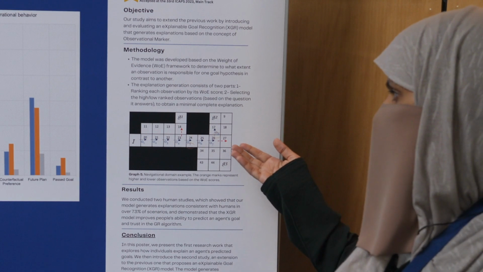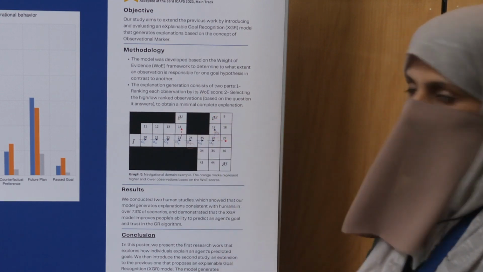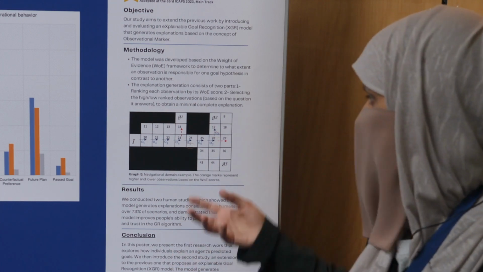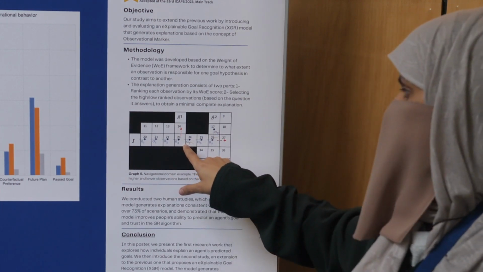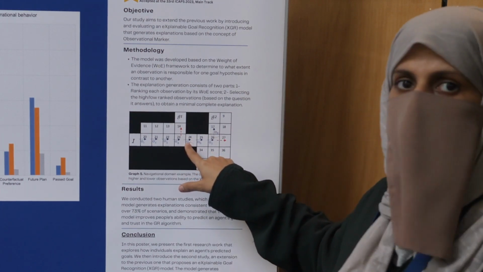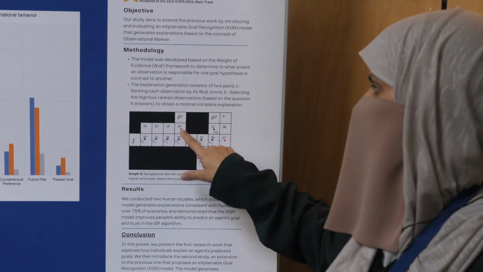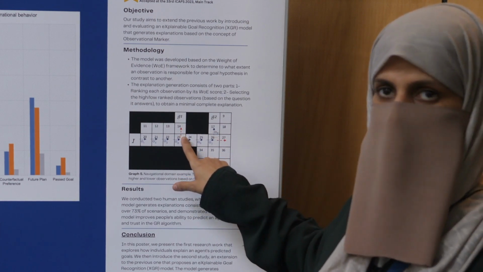Whereas the question of why not G3 or G1 is related to the lowest weight of evidence score, which for G1 is observation 5, and the counterfactual combined with the weight of evidence score is the action of moving up from the state before that observation.